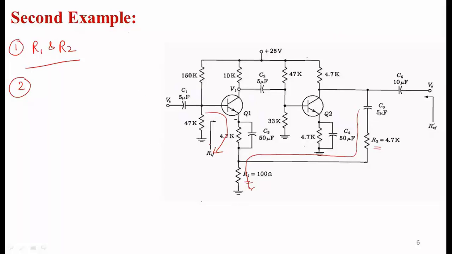Here we can see that this is the common point. We are sampling from this node, and this is a common node in the input circuit and the output circuit. So we can say that this is voltage sampling.